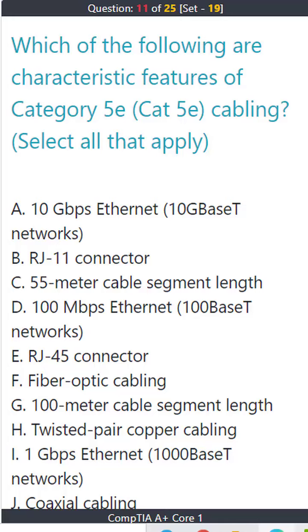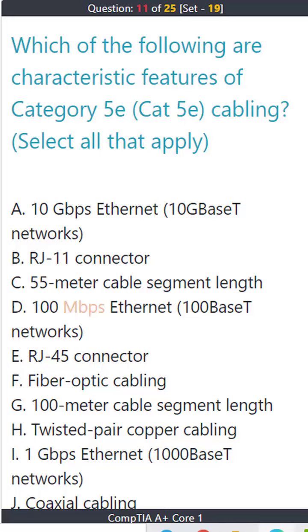Question 11. Which of the following are characteristic features of Category 5e, Cat5e, cabling? Select all that apply. A. 10 Gbps Ethernet, 10 Gbps networks. B. RJ11 connector. C. 55 meter cable segment length.